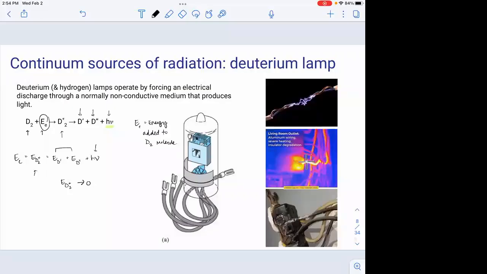So the energy and the frequency of this photon can vary continuously. And that is how we get a continuum source. Okay. Pretty fun stuff, right?